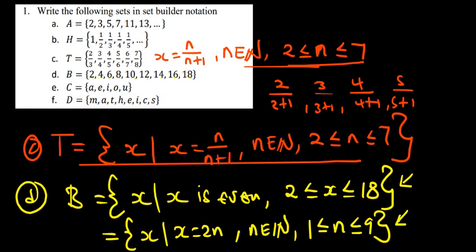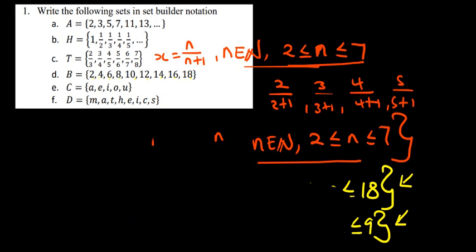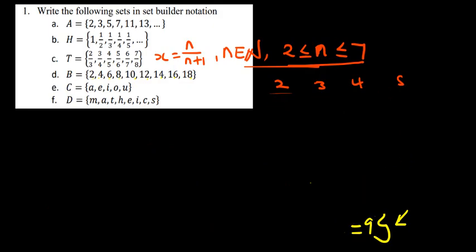Alright, let's represent C now. I mean E. That is E, right? Okay, so E is just a set of vowels. Those are A, E, I, O, U, that you learned in grade 1. So they have come again in math in form of sets, I mean. So C, we're going to say this is a set of all x's such that x is a vowel.